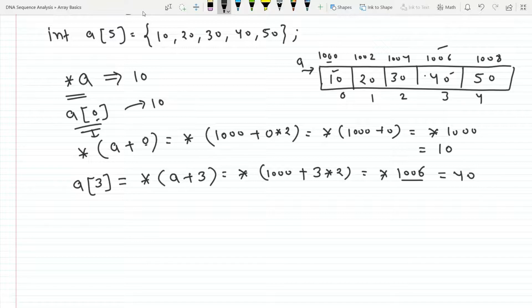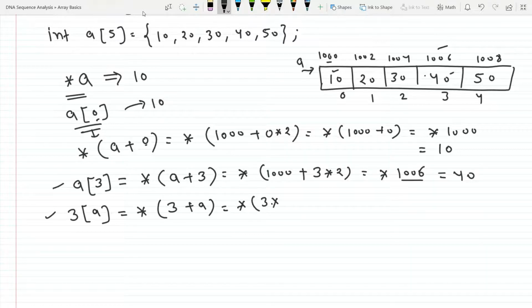Okay. So one more important aspect: let us assume I write 3 of A. You can check it by yourself. This and this statement are exactly the same. How? Internally, how is it evaluated? Like star 3 plus A. Again star, so it is 3 multiplied by data type size.